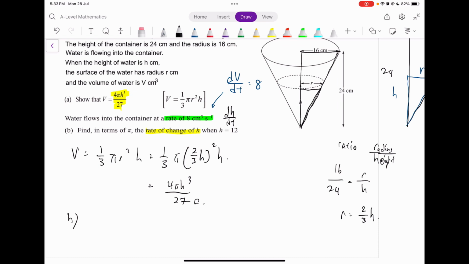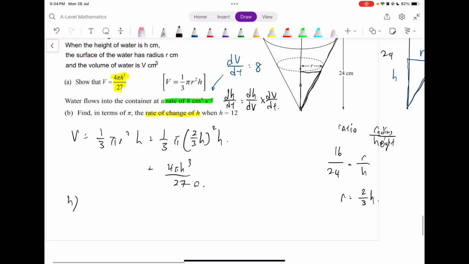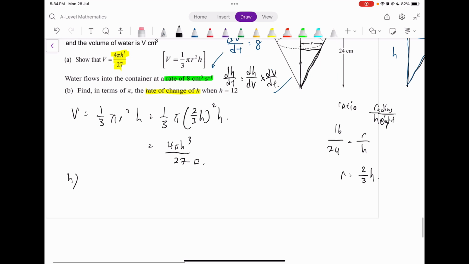So let's try it out. 我们这里要找出来 dH over dt, put it up to the chain rule. So 我们已经有 dV over dt 了嘛？So let's work it out. How much is dV over dH? Which we can straight away do dV over dH first.